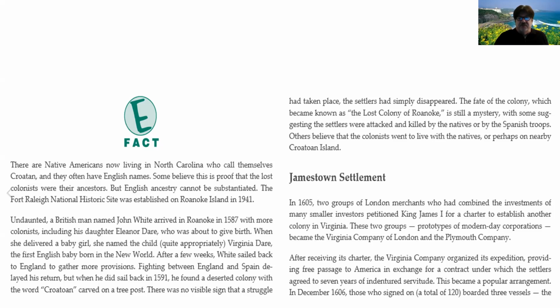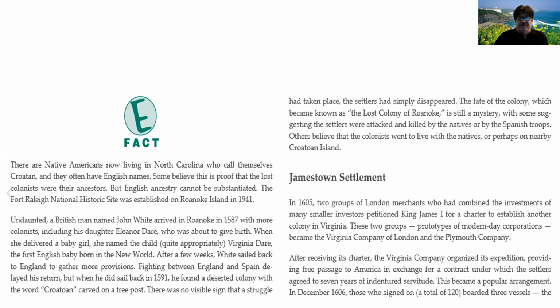These 2 groups were the prototypes of modern day corporations and became the Virginia Company of London and Plymouth Company.